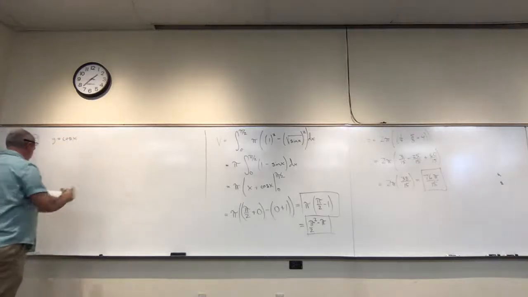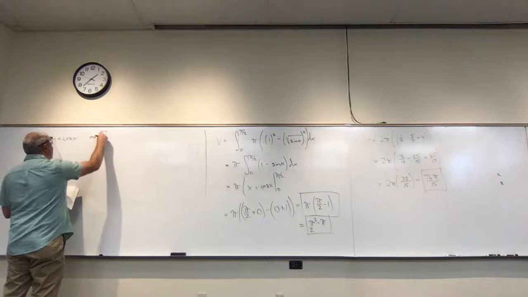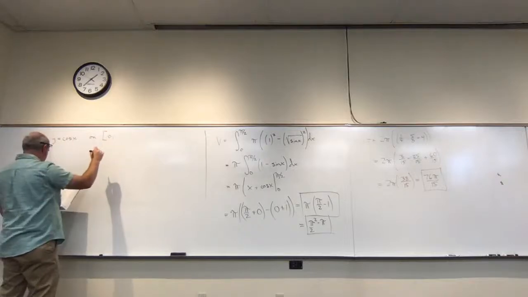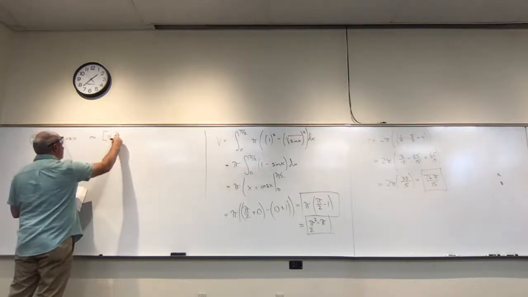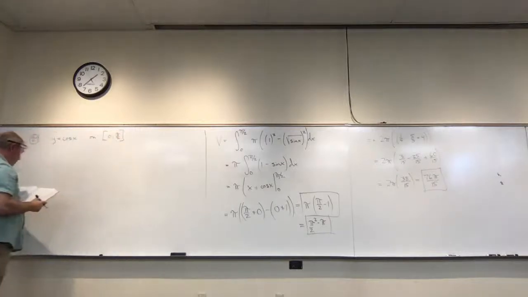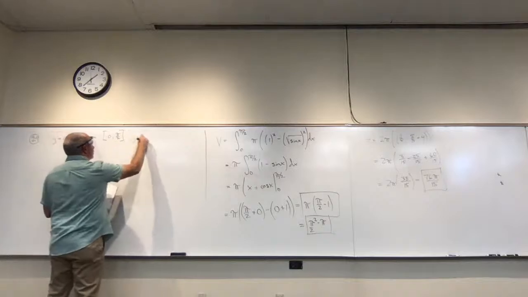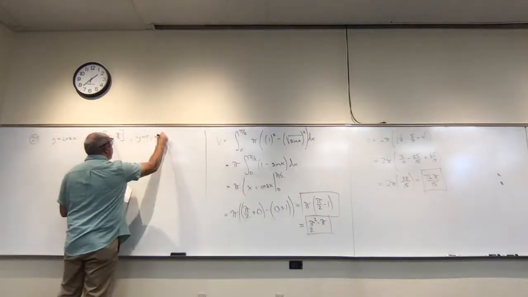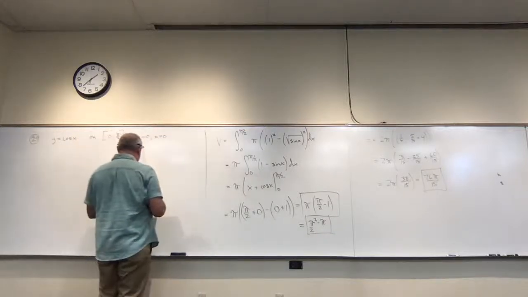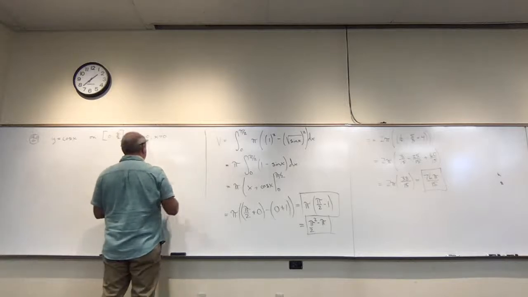It says on the interval 0 to pi over 2, y equals 0, x equals 0, and we're going around the x-axis.